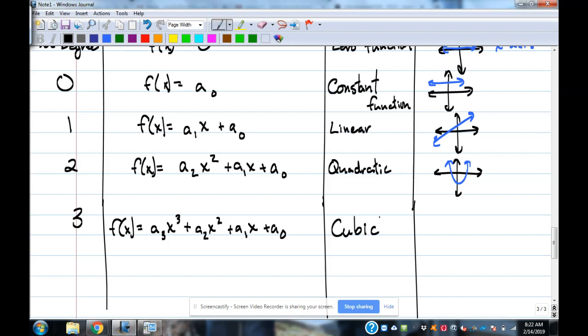Cubic functions are very similar to linear functions because their degree is odd. So they do a lot of the same things, but instead of making a straight line, they make a picture something like that.